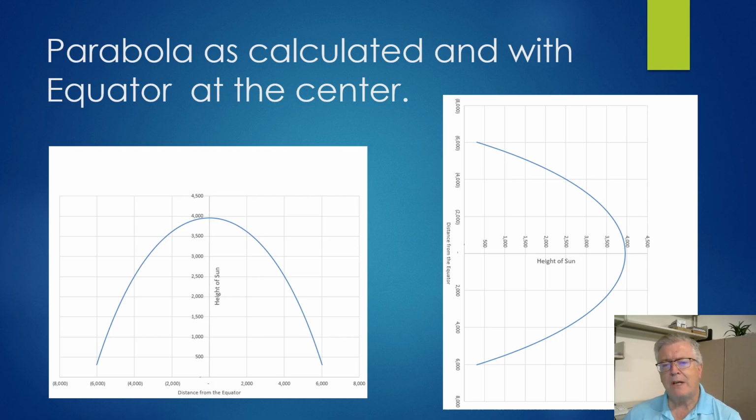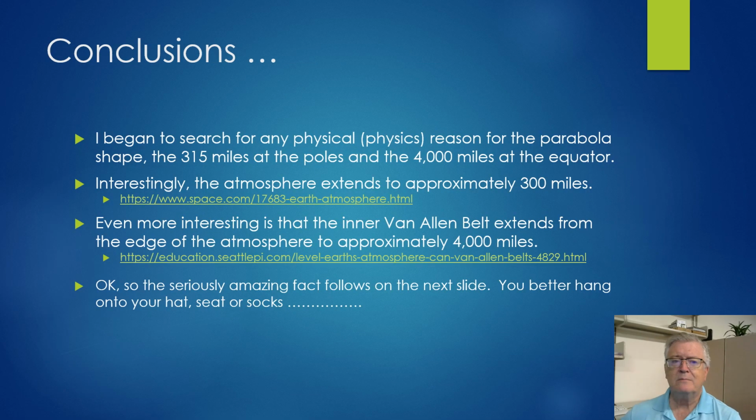Again, I'm questioning why does this occur? What exactly causes this? So I began to search for any physical reason for this parabola shape. The 350 miles at the poles and the 4,000 miles at the equator.